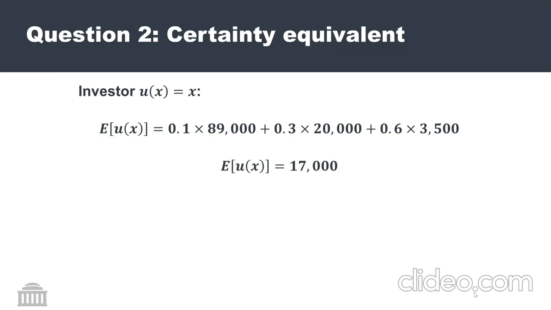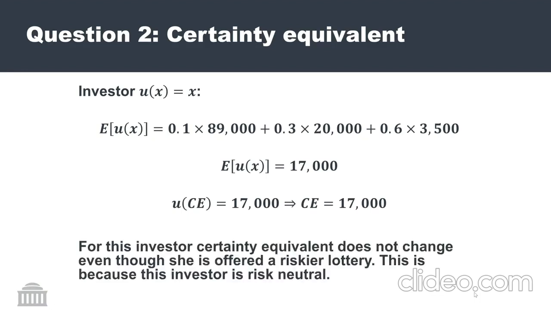Now, if we want to find the certainty equivalent for this investor, recall that this investor has a linear utility function, so the certainty equivalent of this investor is just $17,000. So therefore, this investor is indifferent between taking $17,000 and this lottery.